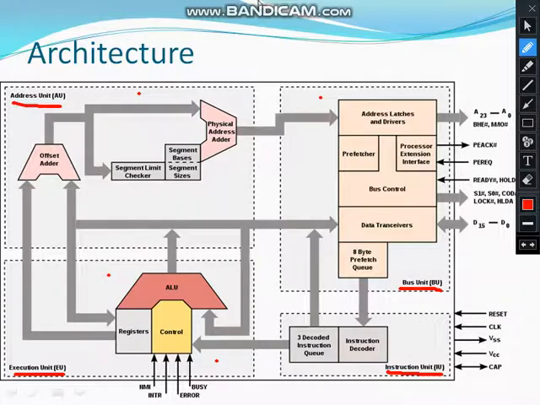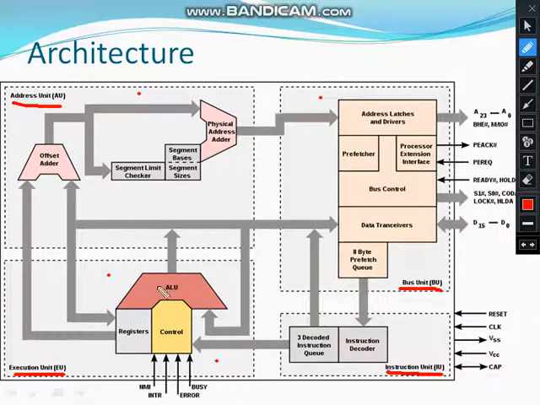We're going to discuss the blocks one by one. Pause the video and first of all draw the architectural diagram of 80286. I hope everyone has drawn the diagram of 80286.